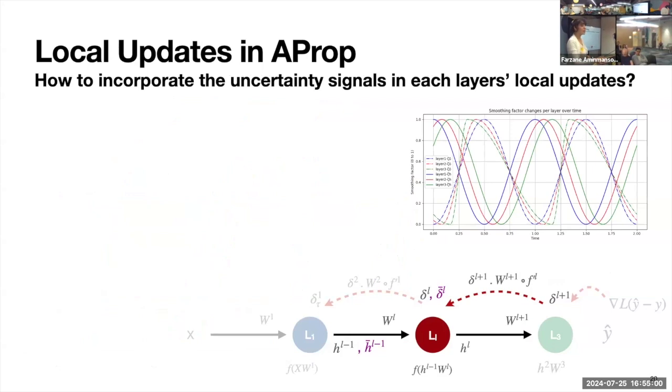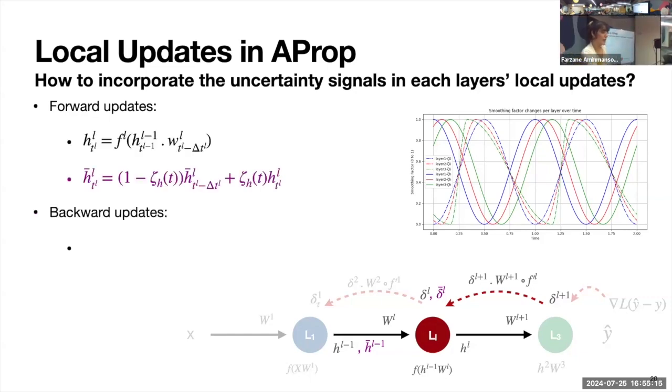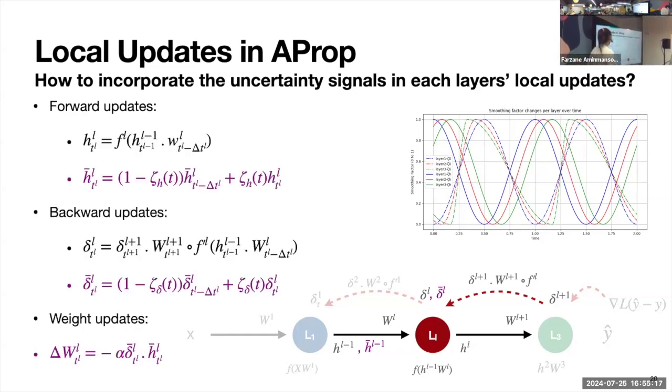Using this formulation, and I'm not writing the math for that, the smoothing factor changes the trace, like an exponential moving average. Then my update rule would look like this. These two are basically similar to naive AProp: forward update and backward update, to calculate h L, the output activation, and delta.